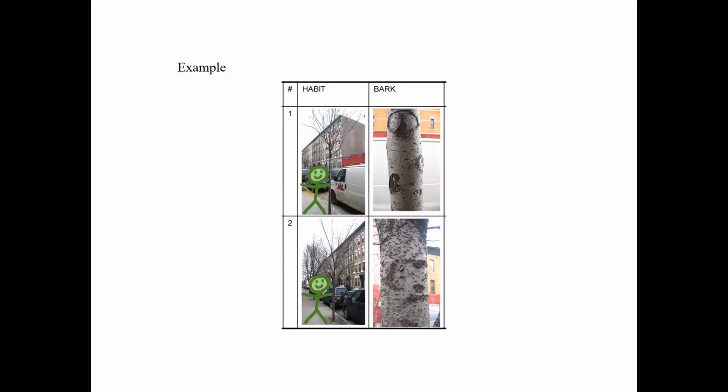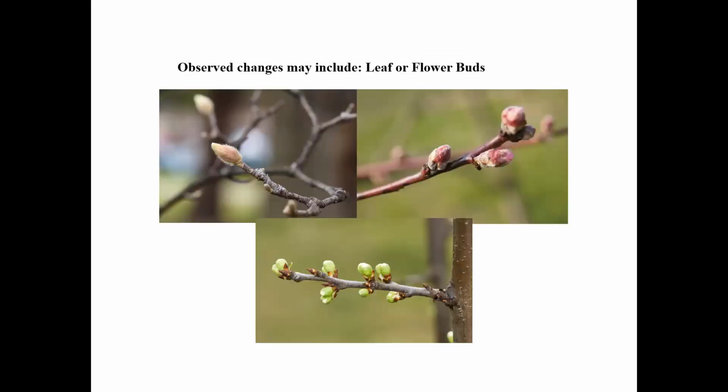When you go on subsequent visits, the photos may look slightly different depending on what's going on. You might have a photo that's just a close-up of one of the sticks. Maybe you showed up and one of the branches was starting to have buds on it. So you just take a photo of the buds. You don't have to take a photo of the whole tree.